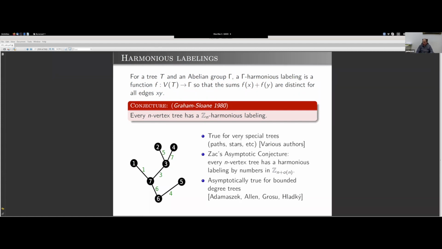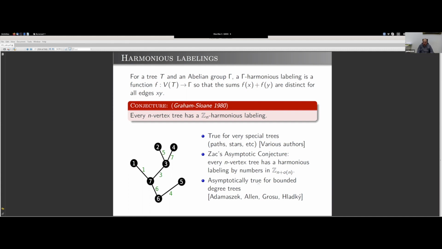So first, there are a lot of papers which verify it for very special trees. Obviously, people know it is true for paths, stars, but many other trees as well. I want to mention also that even in asymptotic sense, this conjecture was open. So even if you allow me to label the n-vertex tree with numbers modulo a slightly bigger residue, n plus little o of n, this was not known.